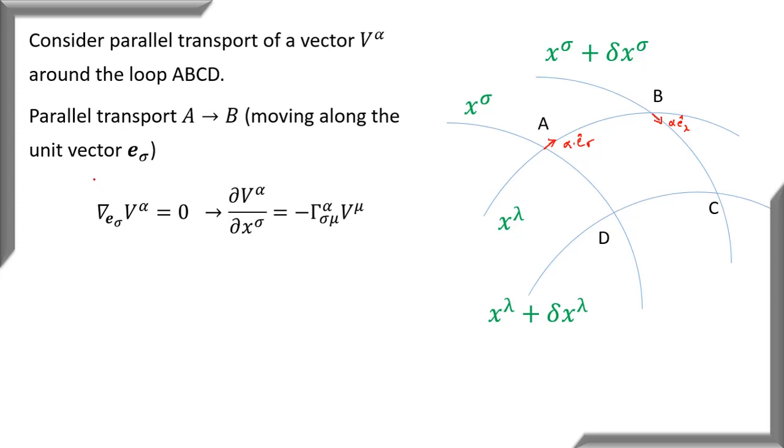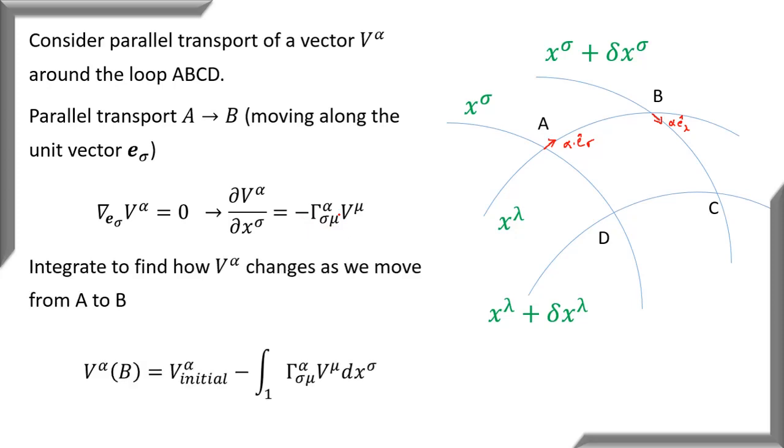It has a partial derivative and also the Christoffel symbol, which is equal to 0. I can just rearrange it and bring my Christoffel symbol to the other hand side, and write that the partial derivative of V alpha with respect to x sigma has to be equal to negative of the Christoffel symbol into V mu.